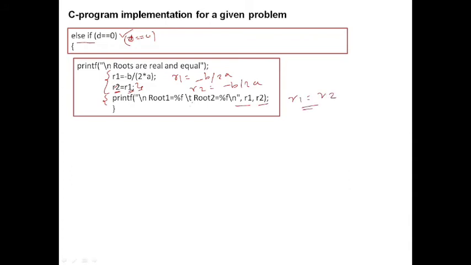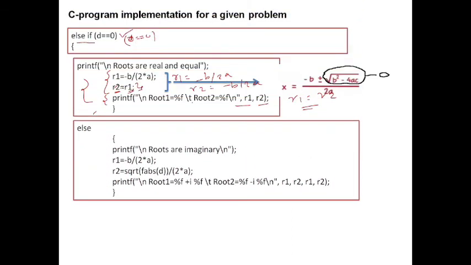Okay, so what happened here? According to the coefficients we have entered, according to the discriminant value which was calculated, depending upon that this particular block was executed. Okay, so here we have another block.